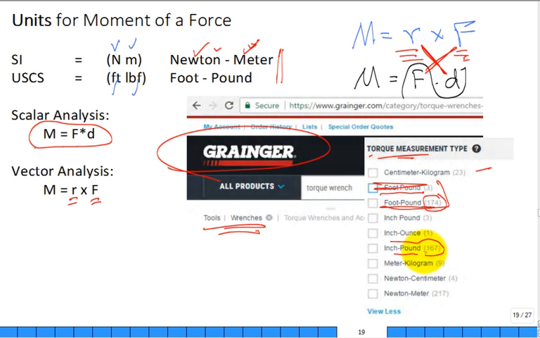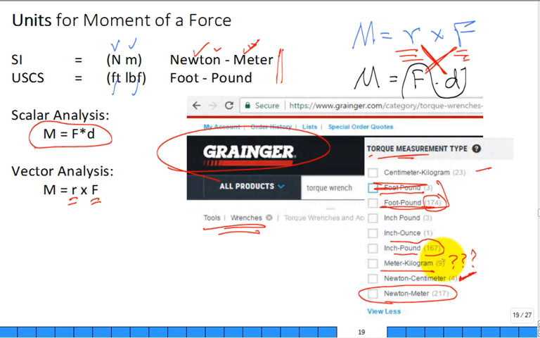Did you know there's not one bolt in any of your vehicles that doesn't have a torque spec that engineers have spec'd out? And it's definitely in something really important like military aircraft or military engines and tanks and stuff. Everything's got to be torqued. It's all very, very specified by the engineers. So anyway, here look at Newton meter. Then they have Newton centimeter. Okay, that makes sense. Meter kilogram?